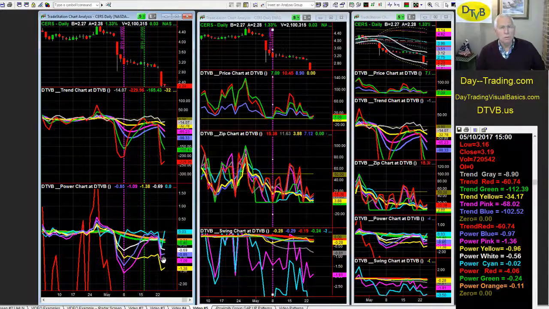That is true with all of the power indicator lines. And you have a situation here where, when you look at the trend chart, you say it's going up, but when you look at the power chart, because of where yellow is going, you know it's not going up.